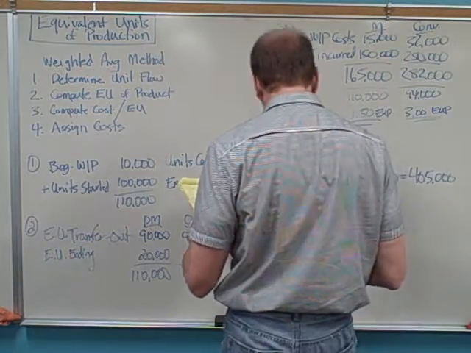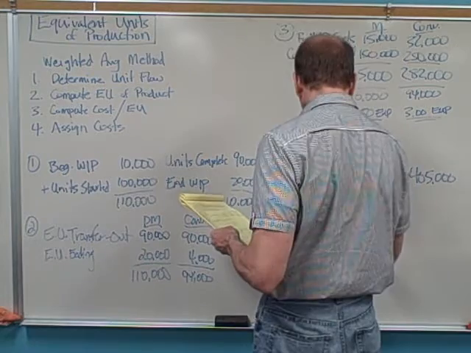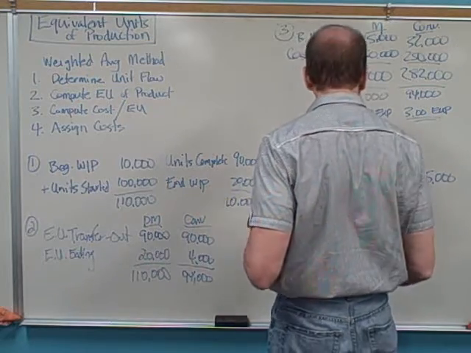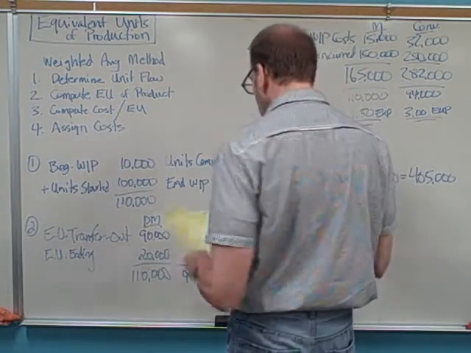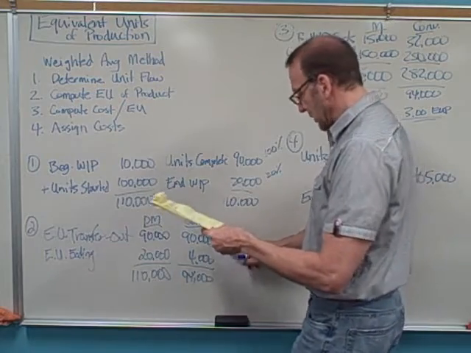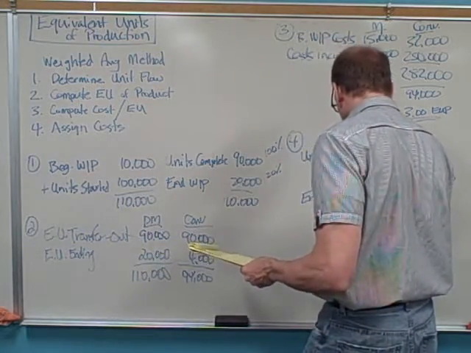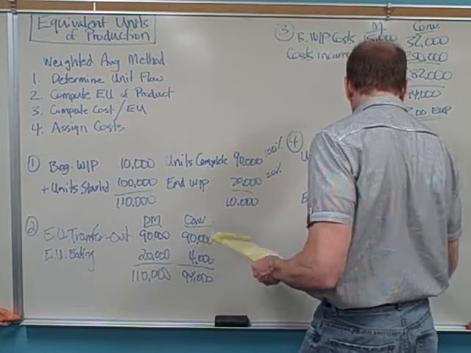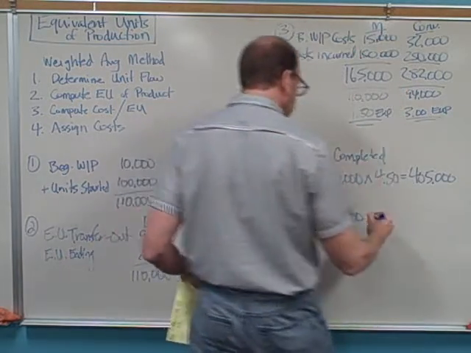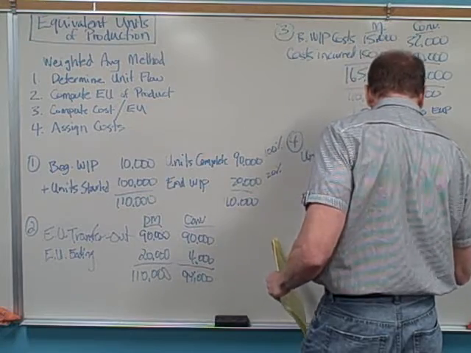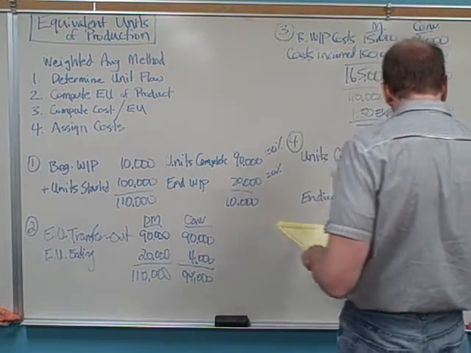Now, with respect to the ending work in process, we had the 90,000 units, the 20,000 here for materials. So we're going to take the 20,000 times the $1.50, which equals 30,000.